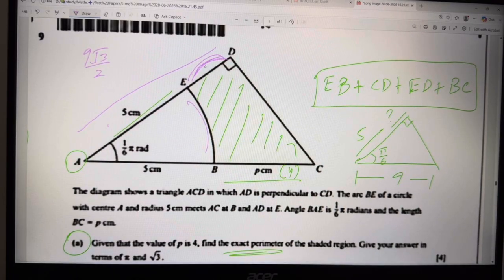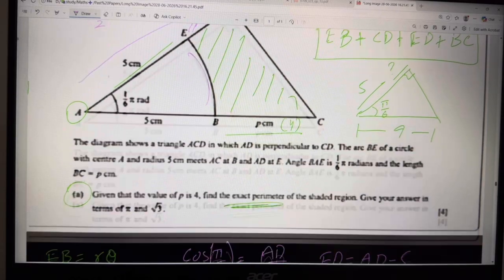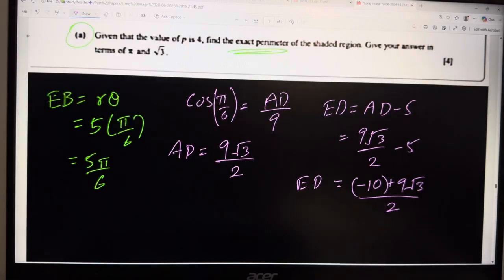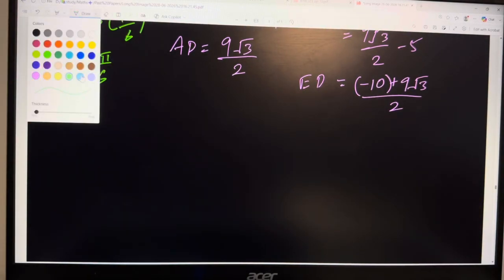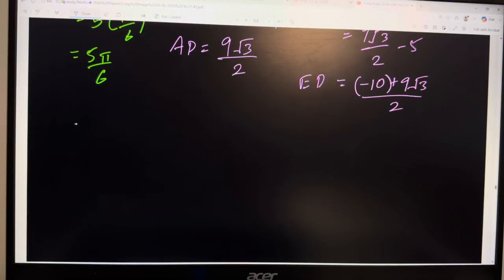Now these two are done, and we know BC is equal to 4, so we want to find DC. We can use Pythagoras theorem. We have 9 under root 3 upon 2 and 9. The Pythagoras theorem is such that 9 is the hypotenuse, so 9 under root 3 upon 2, the whole thing squared, plus c squared.